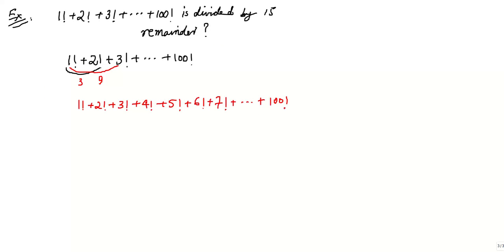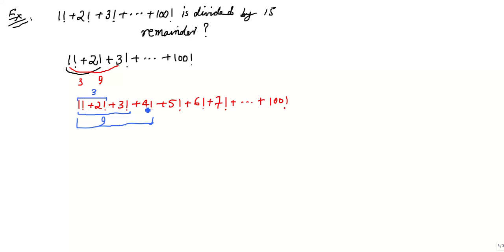So, the sum of first two is 3, the sum of first 3 is 9, and for the first 4, what is 4 factorial? 4 factorial is 24.